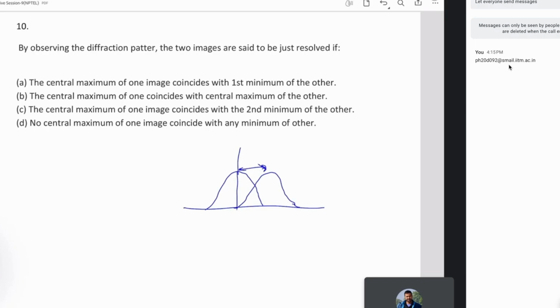Now they have changed it to this roll number format. So this is my roll number, I'll send it in the chat box. And feel free to contact me anytime. Okay, see you then.